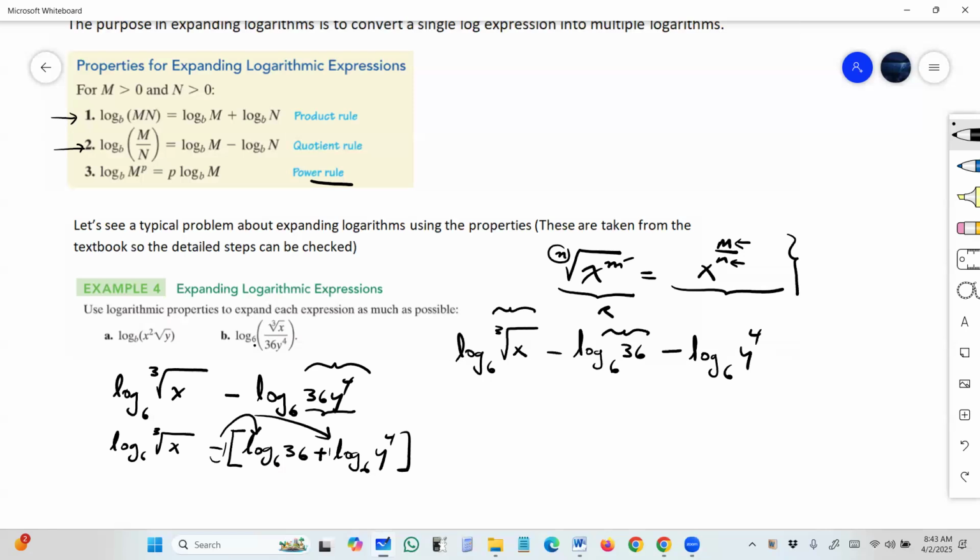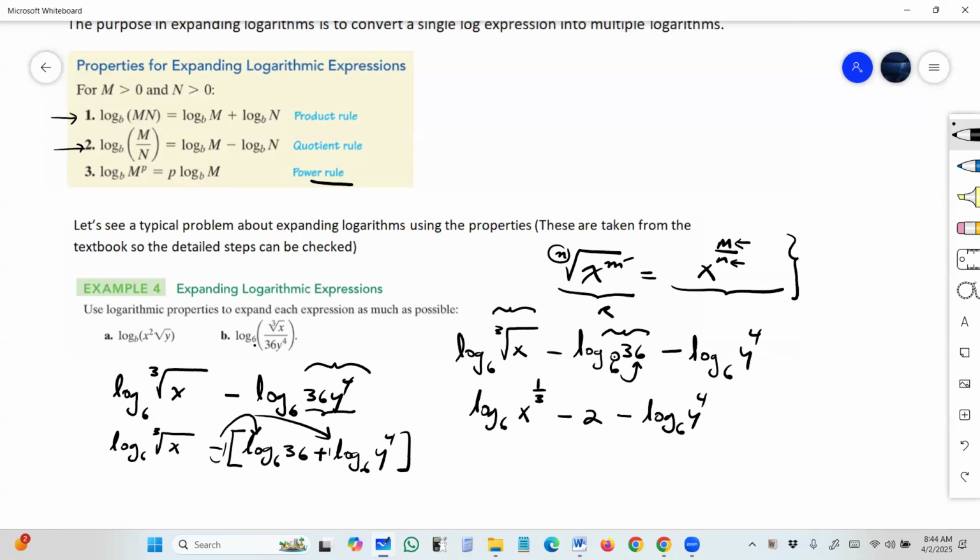Just as my conversion here indicates, log base 6 of cube root of x would be log base 6 of x to the 1/3. Log base 6 of 36 is 2 because 6 squared is 36, so the 2 goes in here. And I'm not doing anything here yet: log base 6 of y to the fourth.